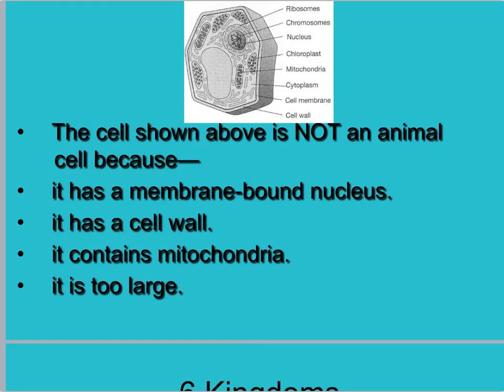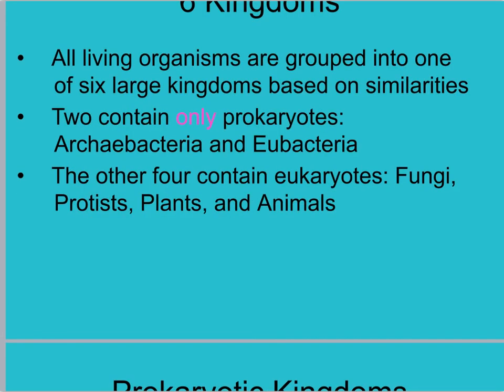The cell shown above is not an animal cell because it has a membrane-bound nucleus. No, animal cells have it. It has a cell wall. Right, animal cells do not have a cell wall, and this cell has a cell wall. Animal cells can also have mitochondria, and the size does not matter.